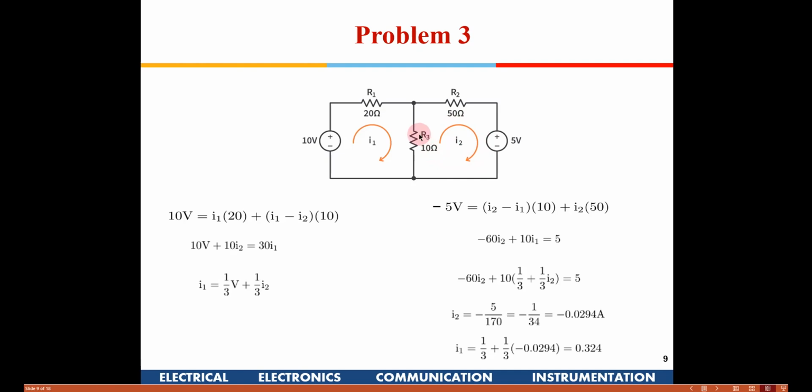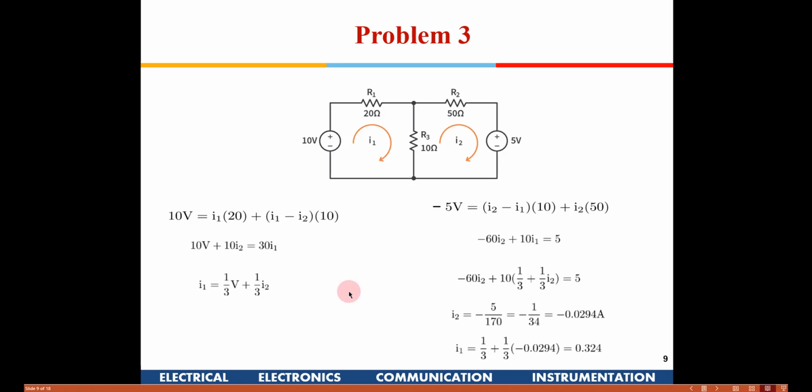So it becomes I2 minus I1, because the current I1 is going to oppose I2 here. So I2 minus I1 into 10, and through 50 ohms only I2 is flowing. So you get a second equation. Now this is one equation, this is the second equation. We just need to solve these two simultaneous equations, and then you will get the values of I1 and I2. Is it understood, or does anybody have any doubts so far?